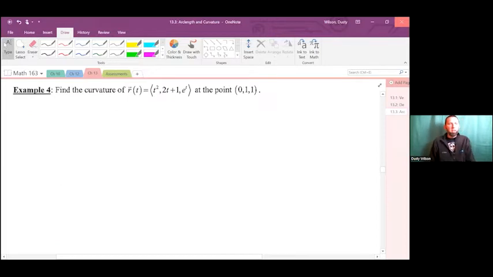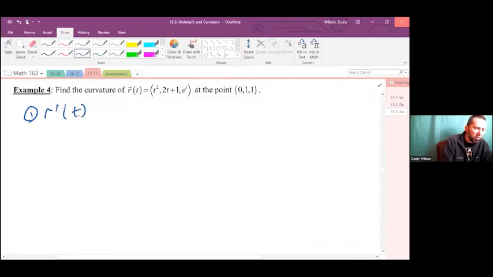Let's do a more complicated example. In example 4, find the curvature of r of t equal to the vector t squared, comma 2t plus 1, comma e to the t, and we want to find this curvature at the point 0, 1, 1. Again, the first thing we're going to want is r prime of t.